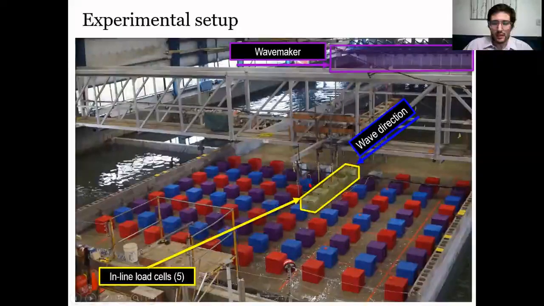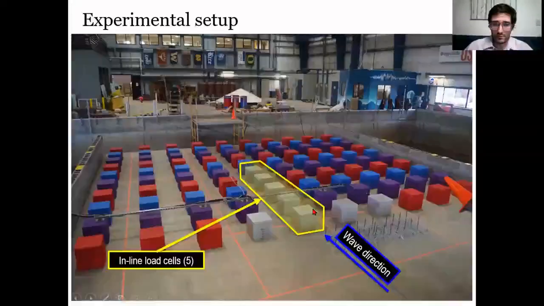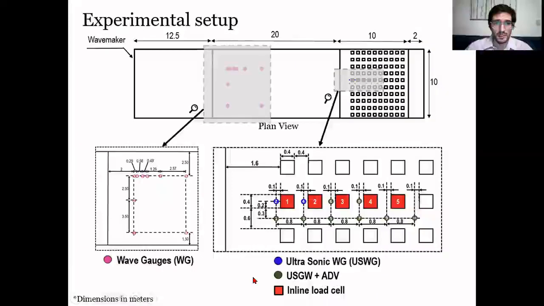We measured the wave loading in these 5 boxes. Here's another figure with the waves coming from the bottom, and here are the 5 inline load cells where the loads were recorded. We also instrumented the slope with wave gauges and the test section with ultrasonic wave gauges and ADVs, and also the inline load cells here in red.